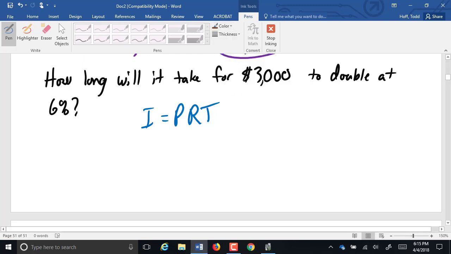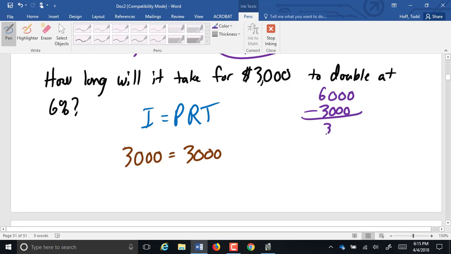What goes in for I? $3,000. What goes in for P? 3,000. Now, let's clarify some things here. The starting balance is 3,000. If it doubles, it would be at $6,000. We subtract that, that means it had to grow 3,000.